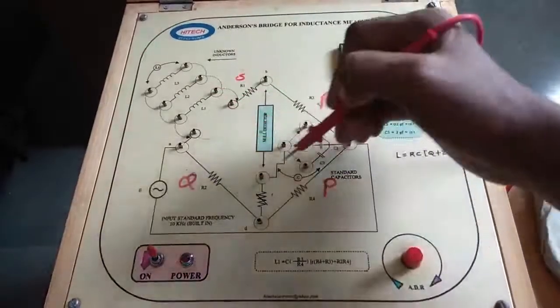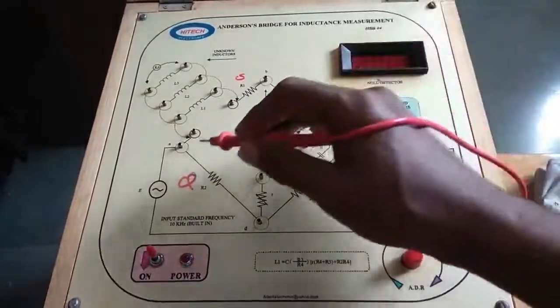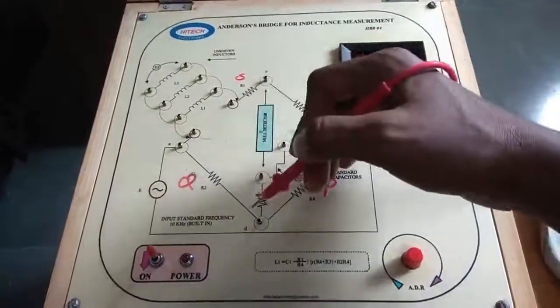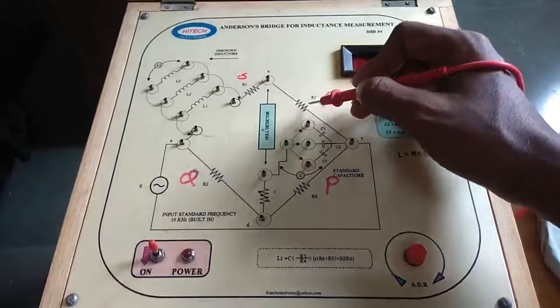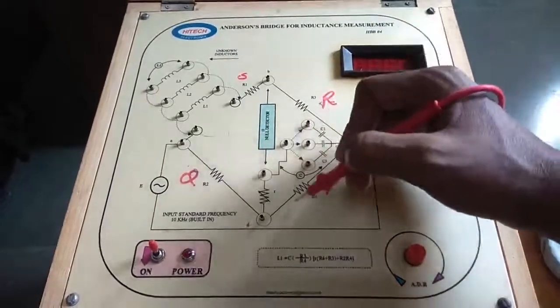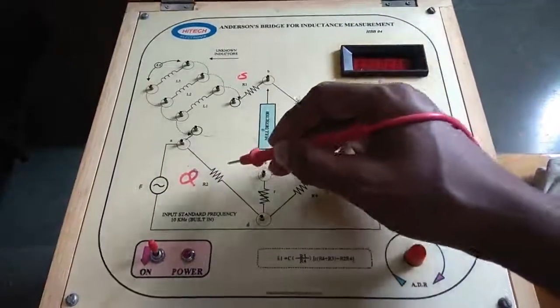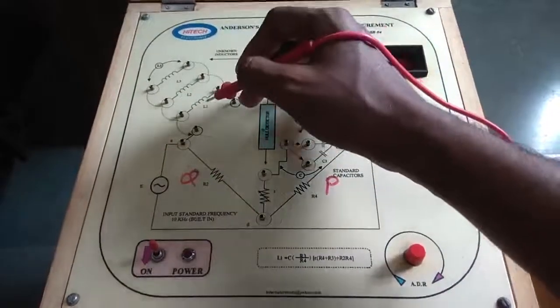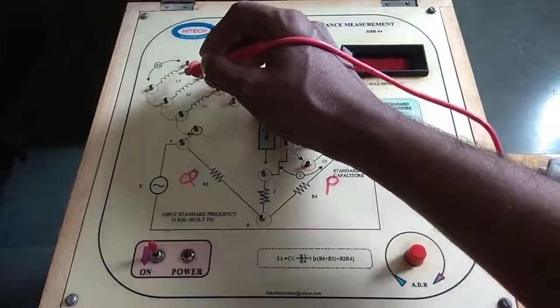This is our kit having 4 arms: arm 1, arm 2, arm 3 and arm 4. Having resistor R3 named R, resistor R4 named P, and resistor R2 named Q, and the unknown inductor L. There are 3 unknown inductors L1, L2, L3.